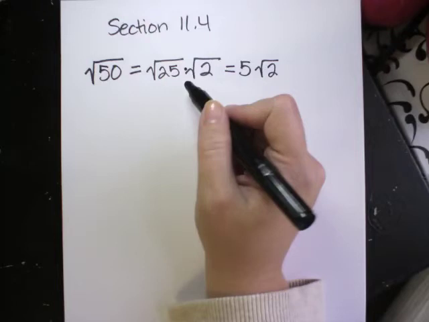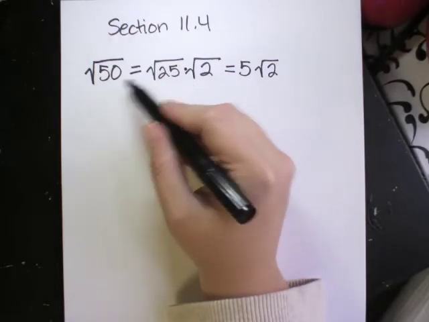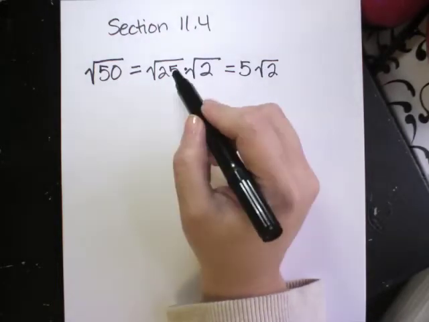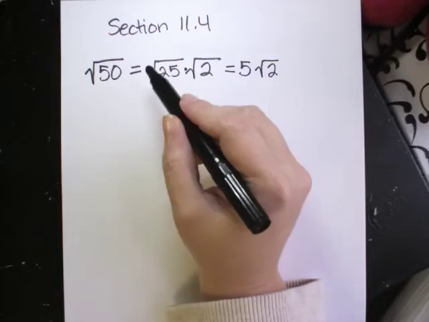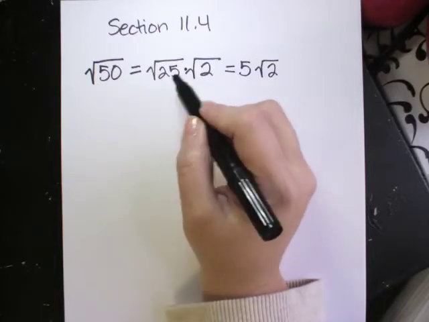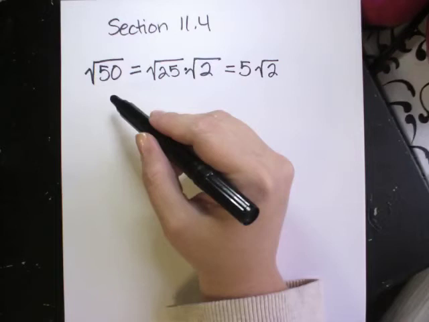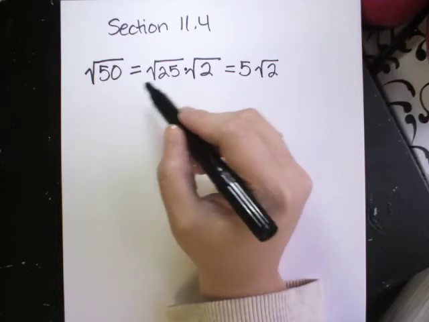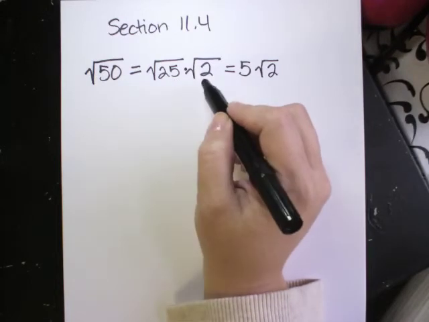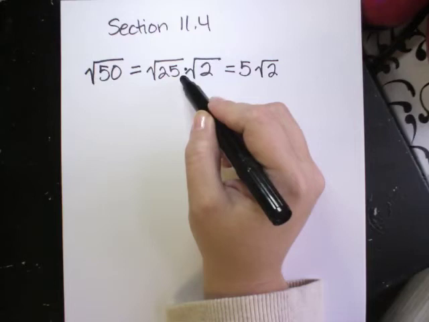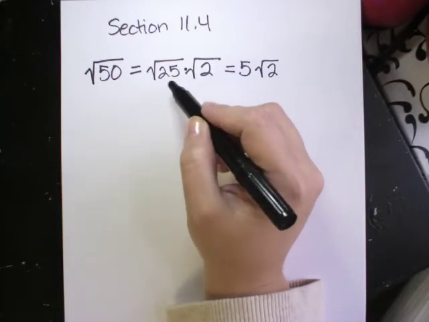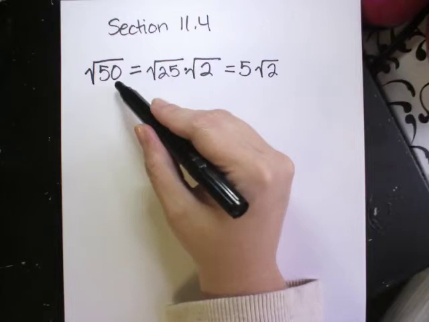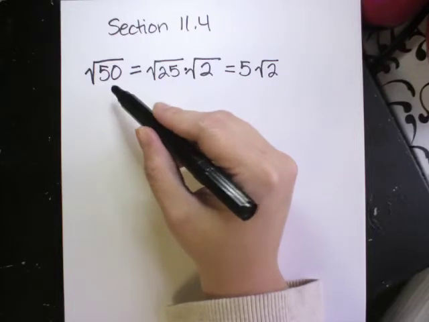But if we just look right here, if the square root of 50 equals the square root of 25 times the square root of 2, then by reversing this, we can say that the square root of 2 times the square root of 25 equals the square root of 50. What that shows us is that if we have one radical times another radical, we can combine them together by multiplying the radicands together to form one combined radical.